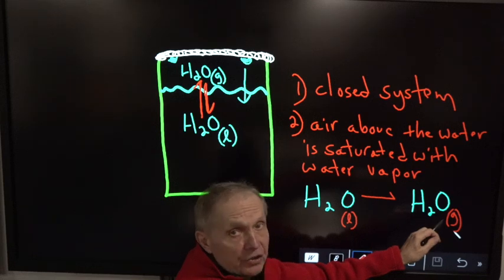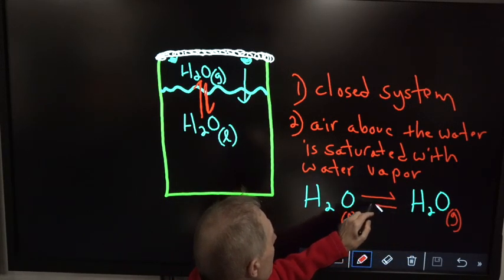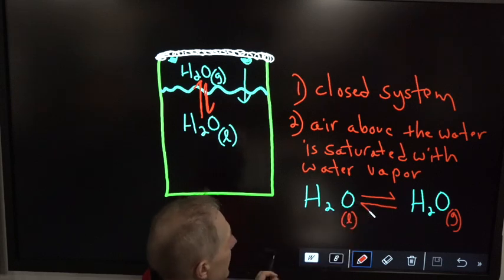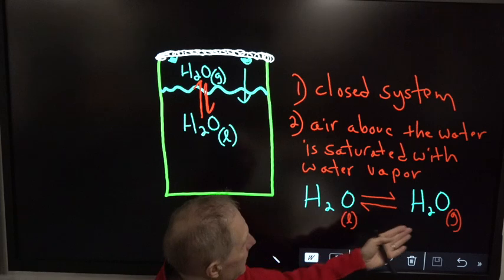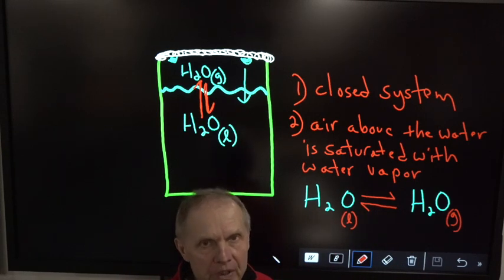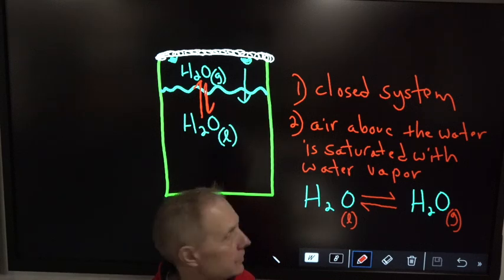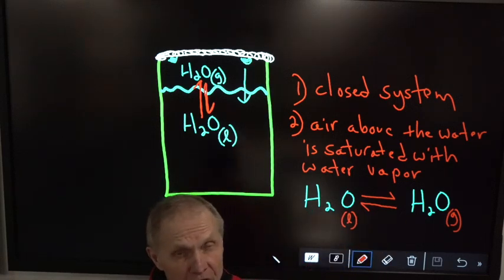Once the products are totally saturated, then the reaction can go backwards. And what that means is, when you see the arrows going both ways, you know that this reaction is at equilibrium. Okay? So, we're at equilibrium right now. That's the first type of equilibrium.